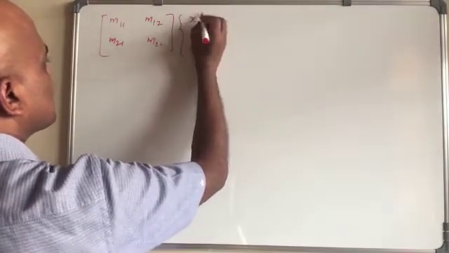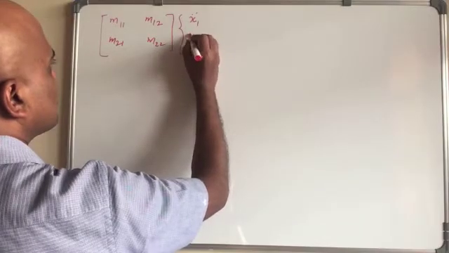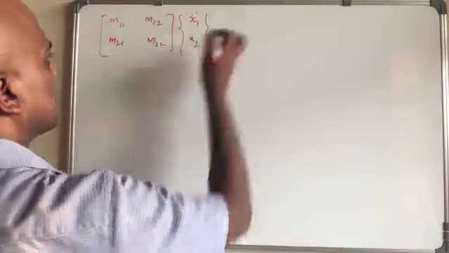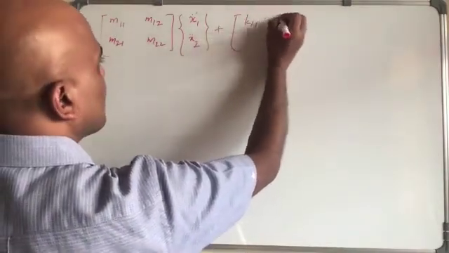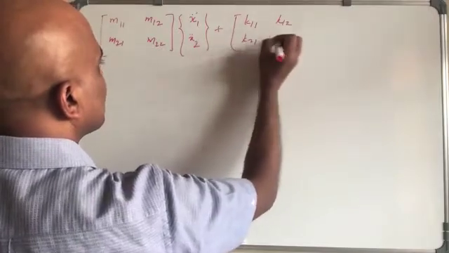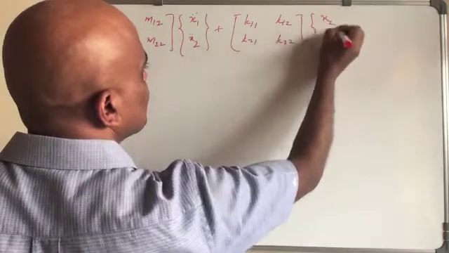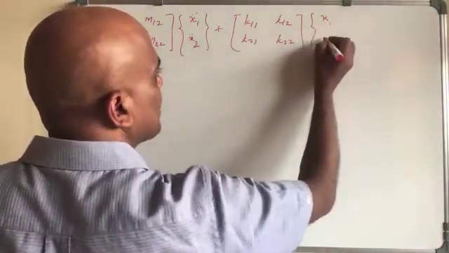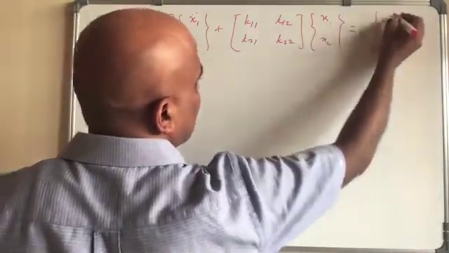So x1 double dot, x2 double dot plus k11, k12, k21, k22, and you have x1 and x2, and we are talking about the free vibration again.